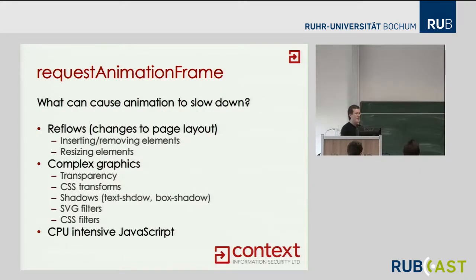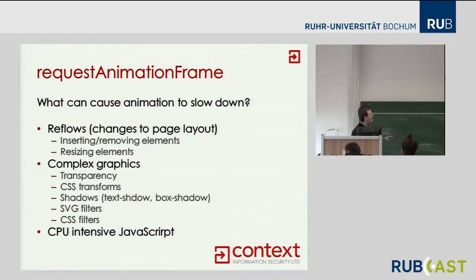Like I said, ideally, browsers run very, very quickly, but things can slow them down. So what will take us down from the 60 frames per second? One thing is what's called in browser terminology reflows. A reflow happens whenever the structure of the page changes. Any time that JavaScript inserts a new element or removes an element or changes the size, the browser has to calculate the position of everything on the page that's changed, and that can take a bit of time.